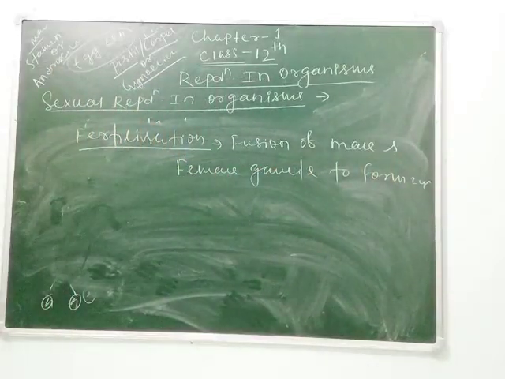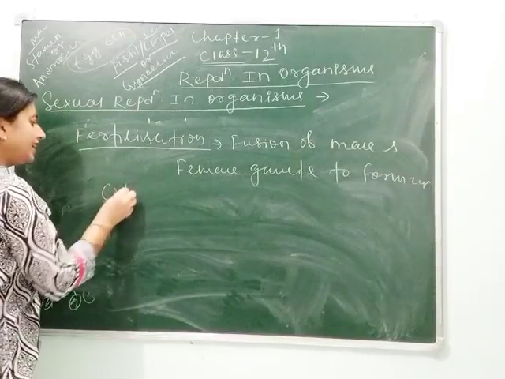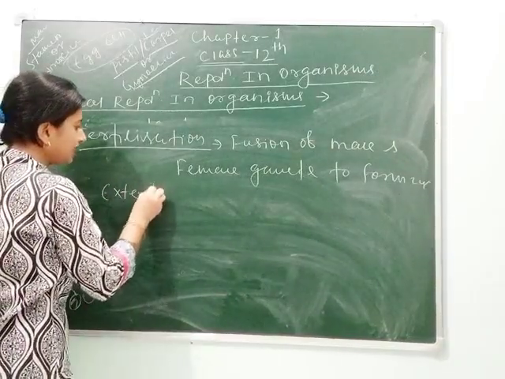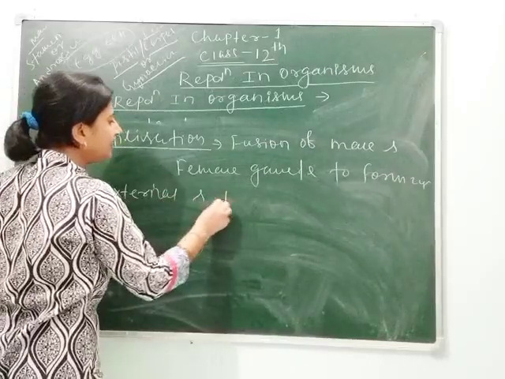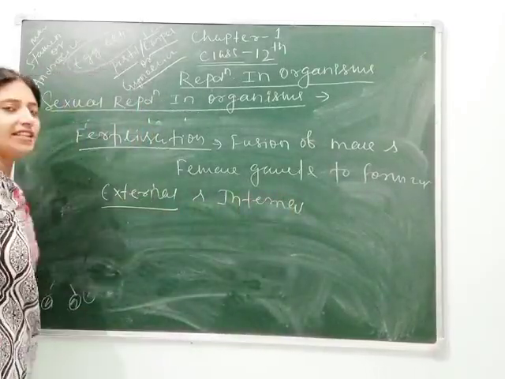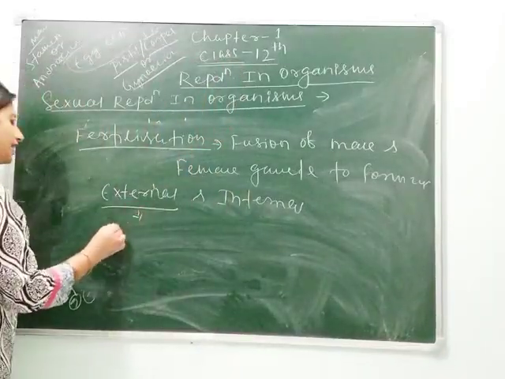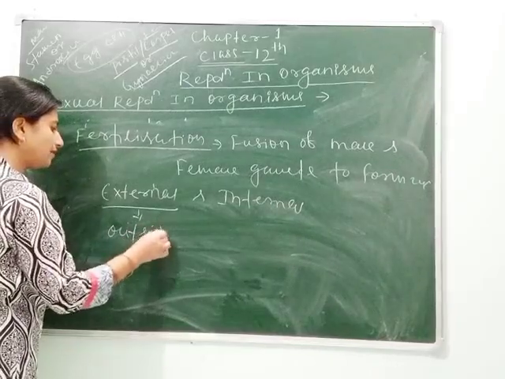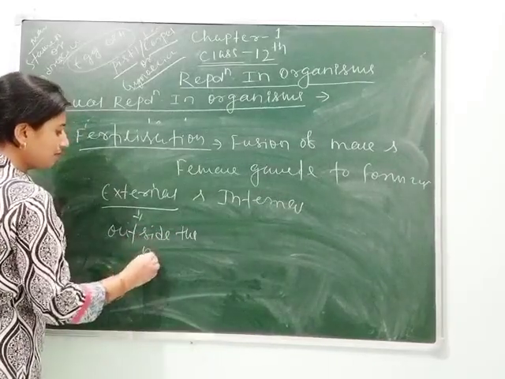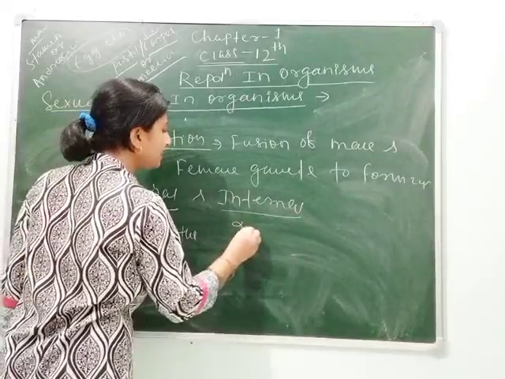Fertilization is of two types: external fertilization and internal fertilization. External means fertilization occurs outside the body, and internal means inside the body.